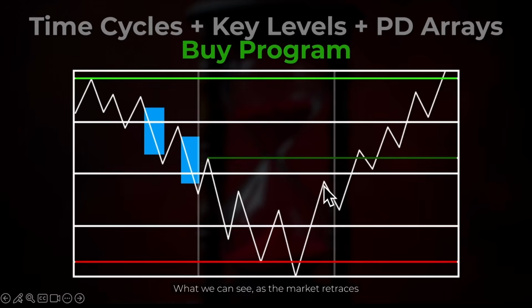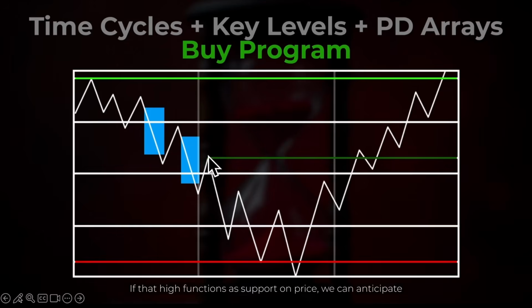What we can see is that the market retraces into this high, finds support there, the open low of the new time cycle, and then we see the market expand towards the upside. Notice that it now trades above this green line, which represents that previous cycle high. The market takes out that high and then a retracement takes place. From this moment in time, our eye is drawn to whether or not this high is going to function as support on price.